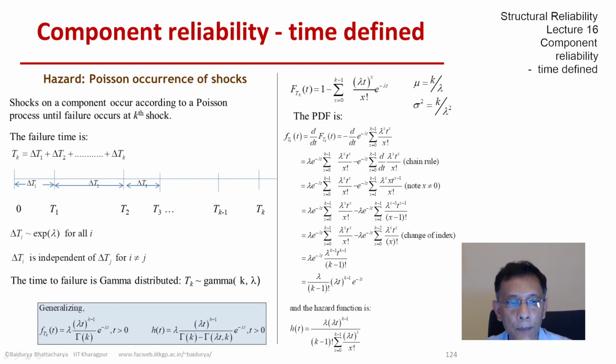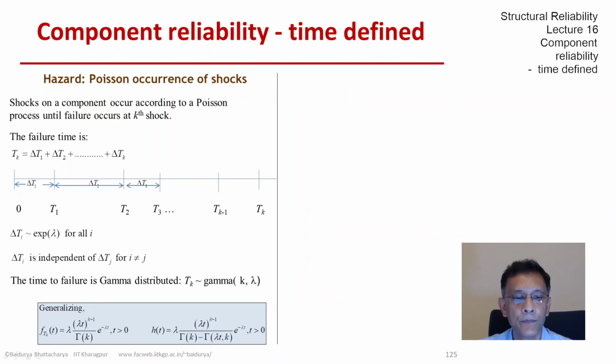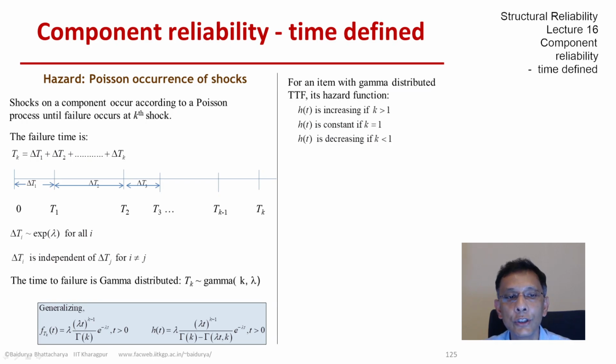So now let's see what sort of shape this hazard function has. Depending on k, it's interesting that the hazard function could be increasing, it could be decreasing, or it could remain constant. Obviously the constant would occur corresponding to the first failure.